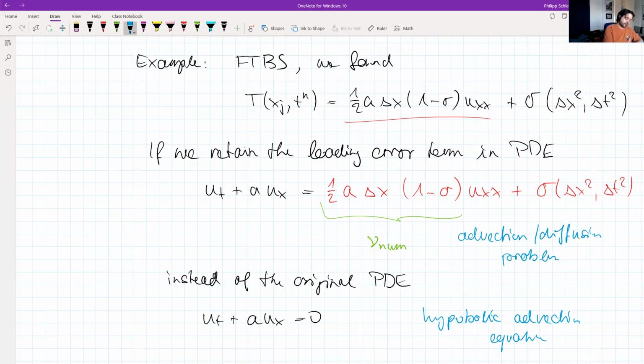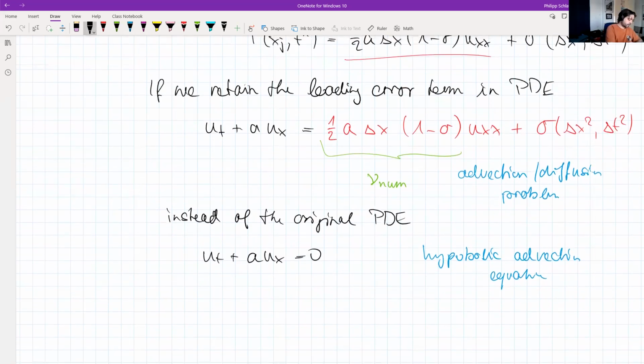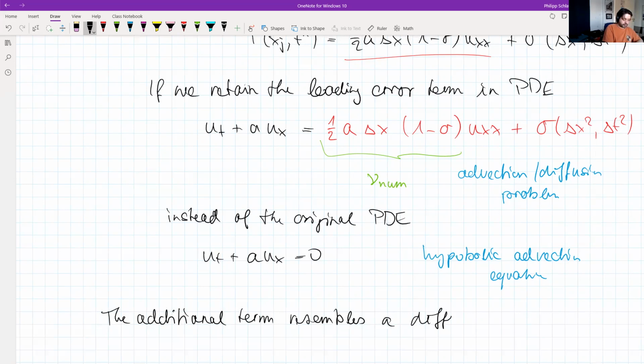And this diffusion, so this additional term, comes from the fact that we have discretized it using a forward time backward space scheme. So the additional term resembles a diffusion, so a viscous term.